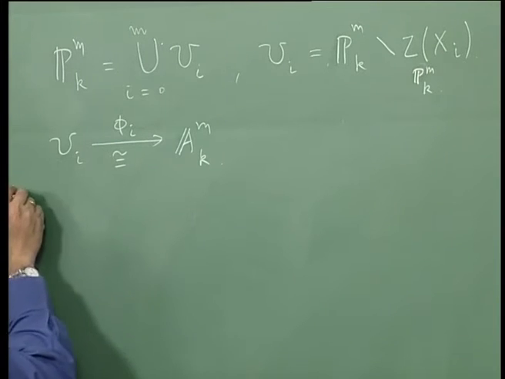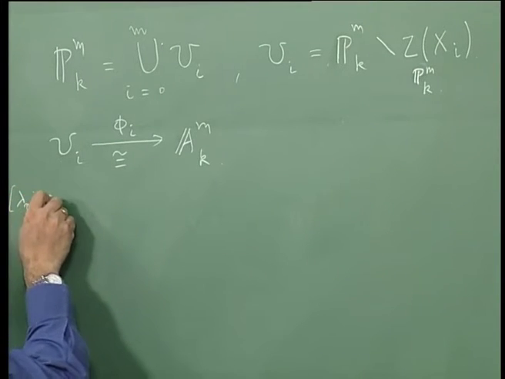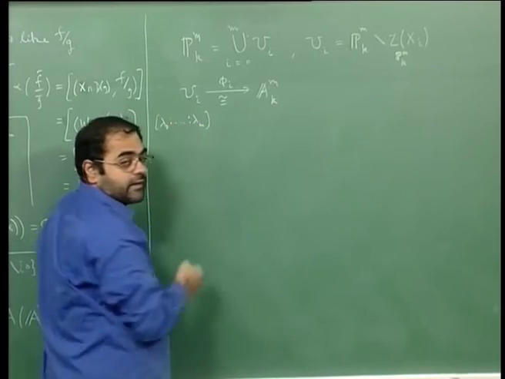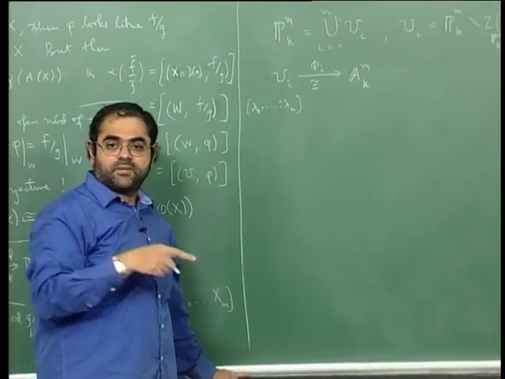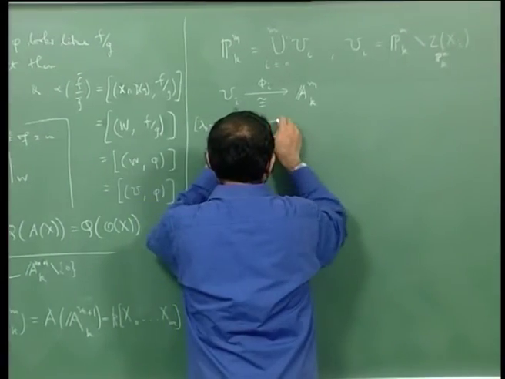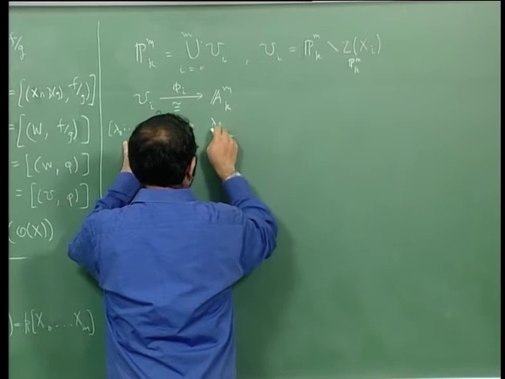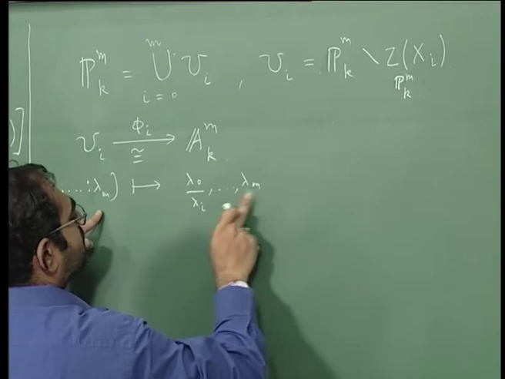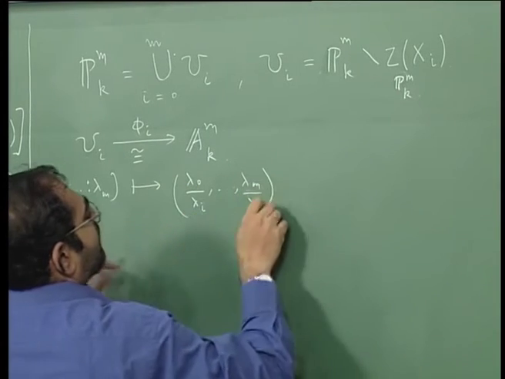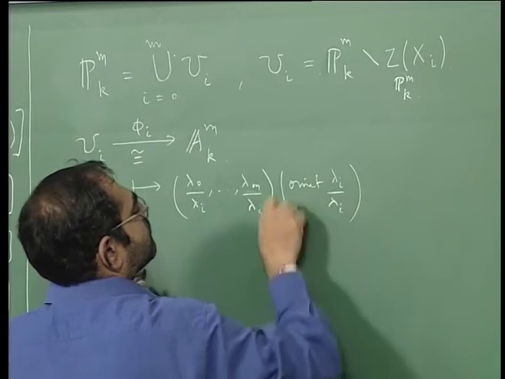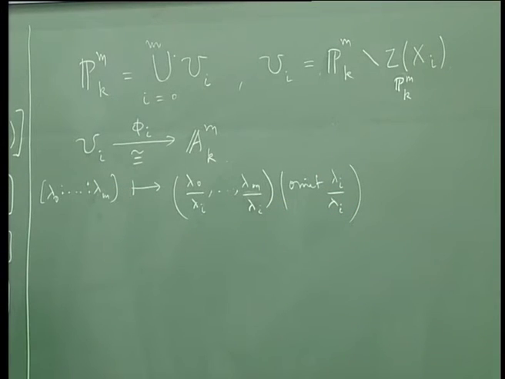If you take a point written as lambda_0 through lambda_m with colons, to indicate that it can be scaled by a common ratio, you simply send it to lambda_0 by lambda_i, through lambda_m by lambda_i, where you omit lambda_i by lambda_i. This is a map defined set-theoretically.